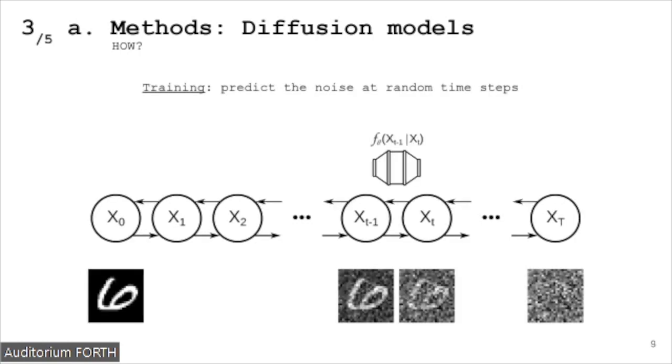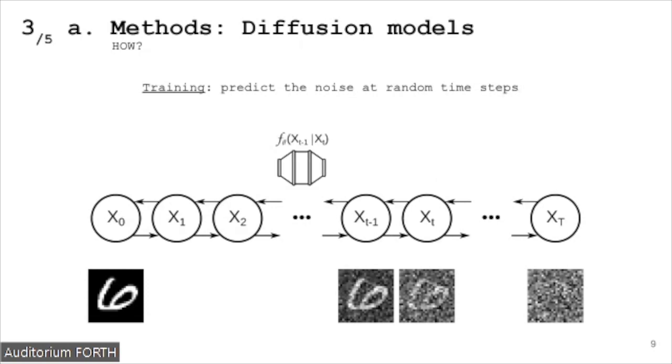To train such a network, you will sample a random time step, and to this time step corresponds a certain noise level that you are going to inject into your original sample to have a corrupted sample. Your neural network is going to take as input the corrupted data and denoise it.